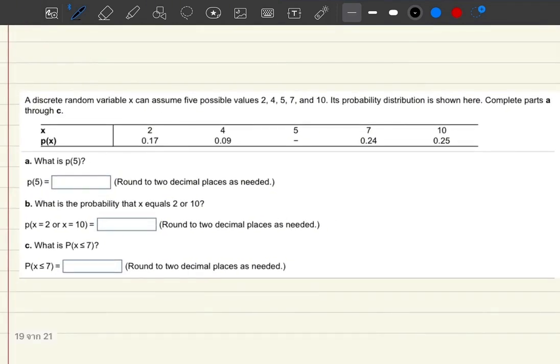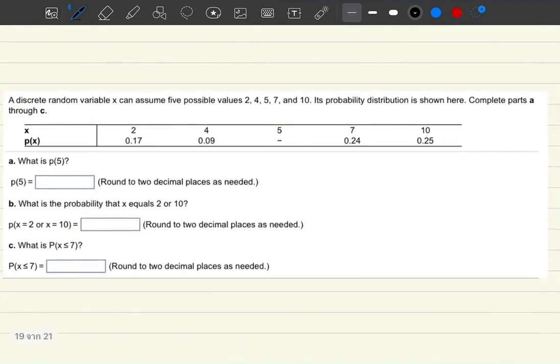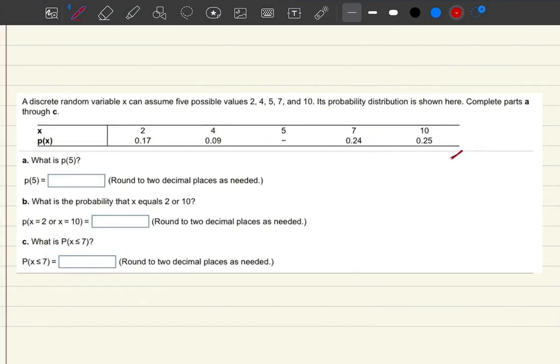A discrete random variable x can assume 5 possible values 2, 4, 5, 7, and 10. Its probability distribution is shown here. Complete part A through C. What is probability of 5? Here.